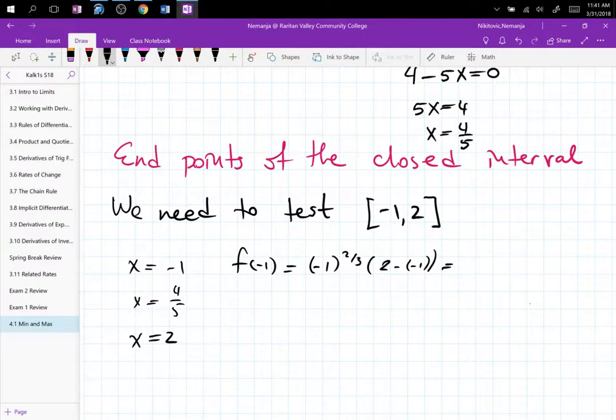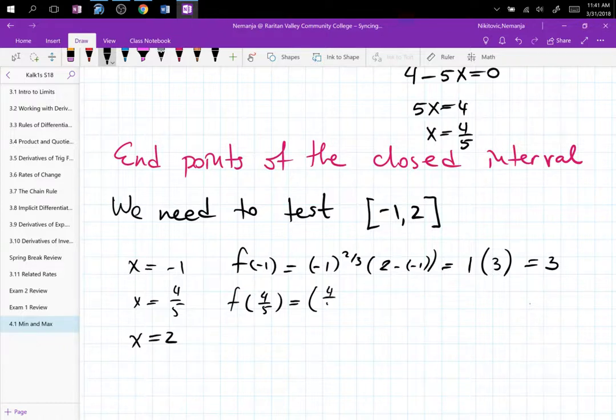So what are the values? When you square -1, you get +1, and the cube root of +1 is 1, times 3, because 2 plus 1 is 3, we get 3. Now do the same thing for 2.